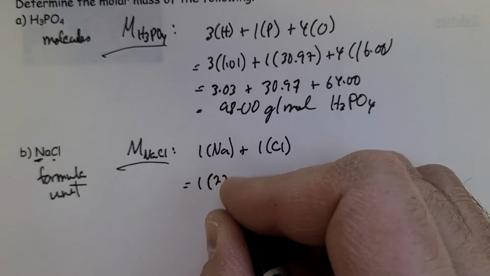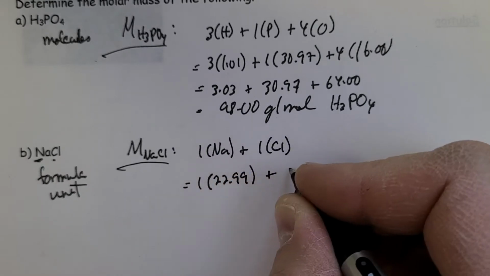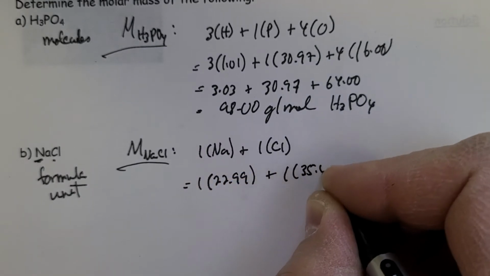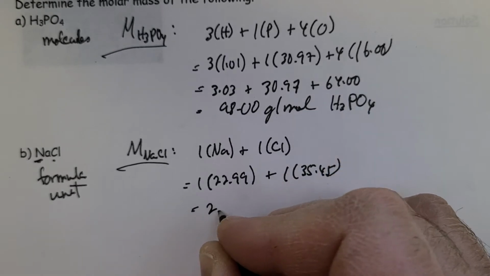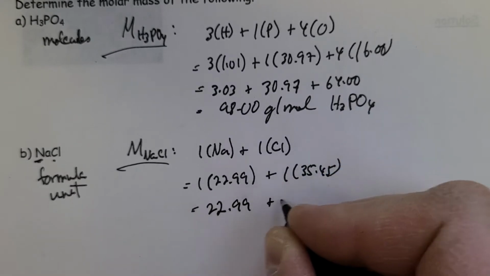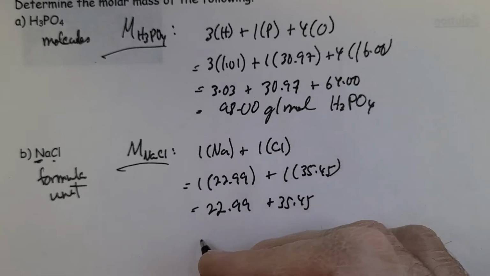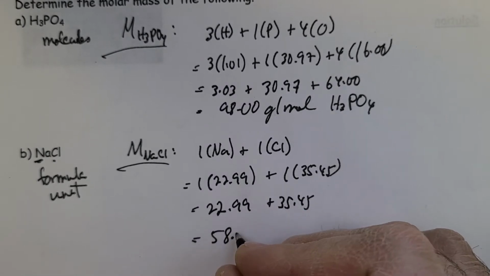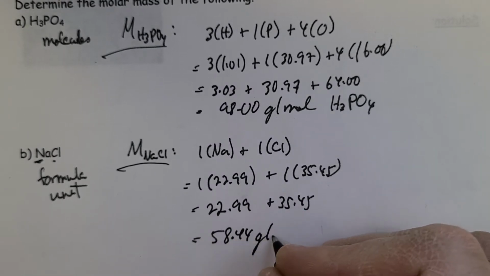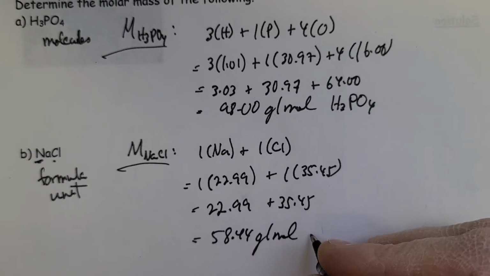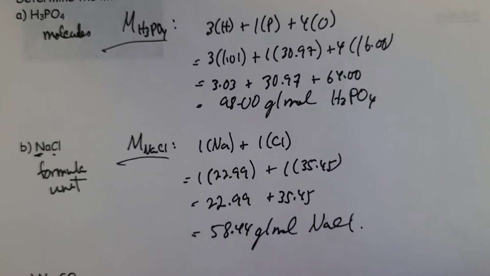Each sodium is 22.99 grams. Each chloride is 35.45. So 22.99 plus 35.45 is 58.44 grams per every mole of NaCl.